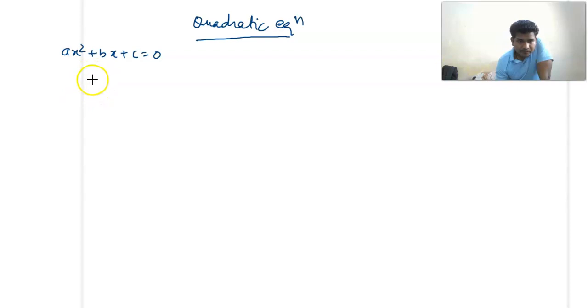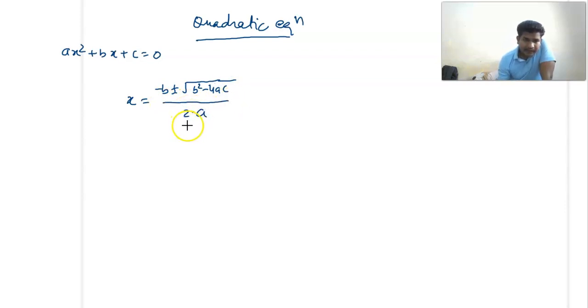So if we want to write the solution of this quadratic equation, we have a formula. The formula is x is equal to minus b plus minus under root b square minus 4ac upon 2a. So it is a formula. We can directly calculate the value of the x1 and x2, if we say x1 and x2 are the solutions of these equations. And generally we call the solutions alpha and beta.